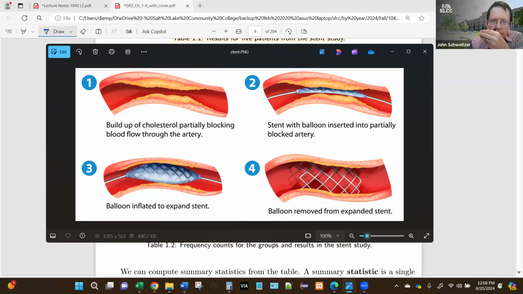So it's in place there on 2. You can see that. Then in step 3, they inflate the balloon, and when they inflate the balloon, it expands the artery. And then you don't want to keep the balloon in there, so they have a way of removing that wire and the balloon, and the stent remains.